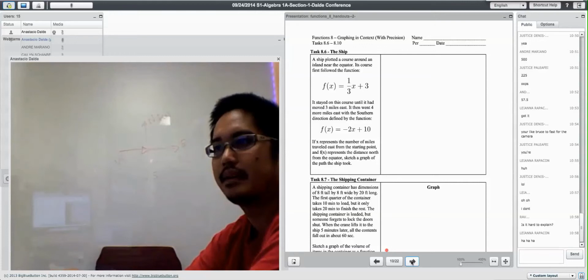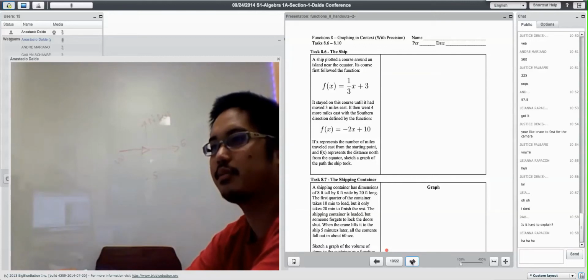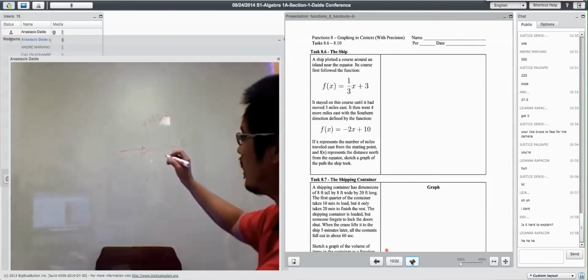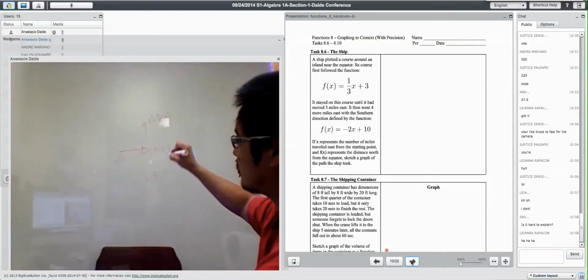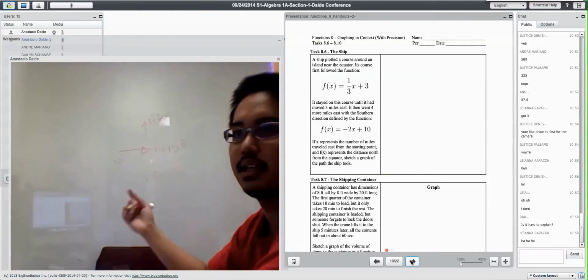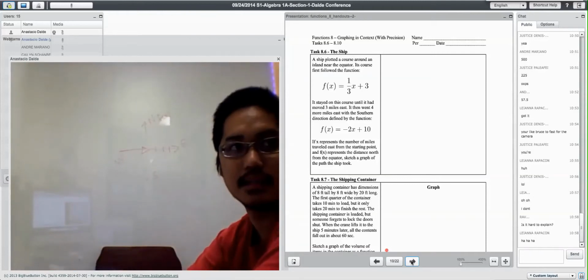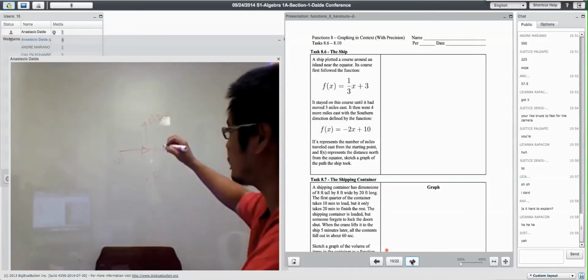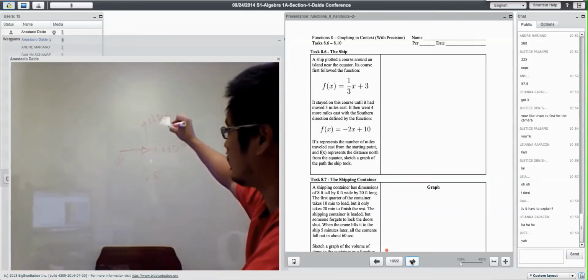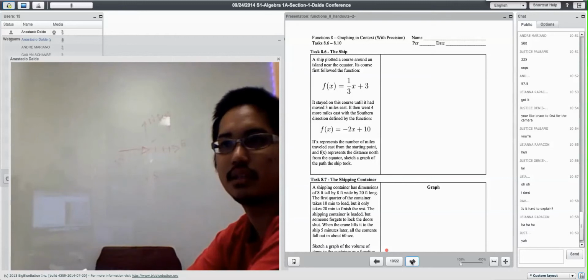So right now, it's moving north as a function of x. So as it goes out this way, it moves north. Does that make sense? So the direction that the ship is actually going, it's going to be going like that, in that direction. We cool?